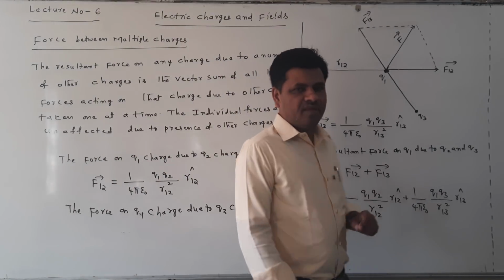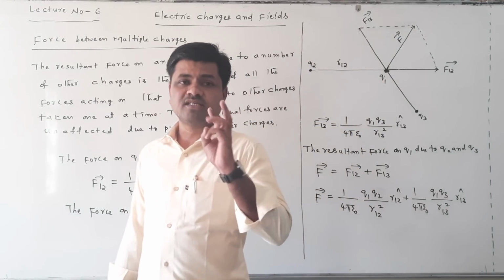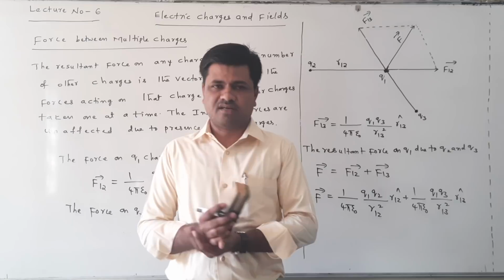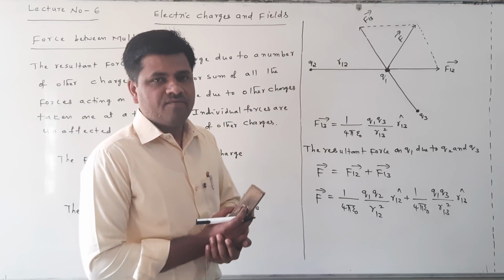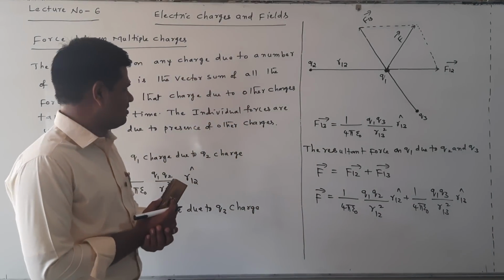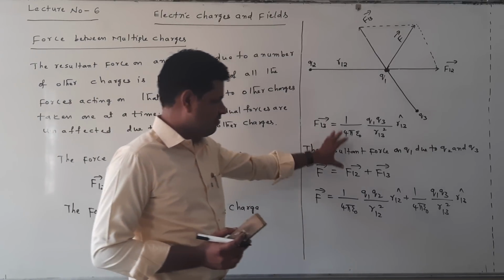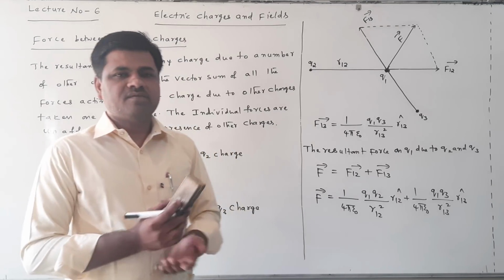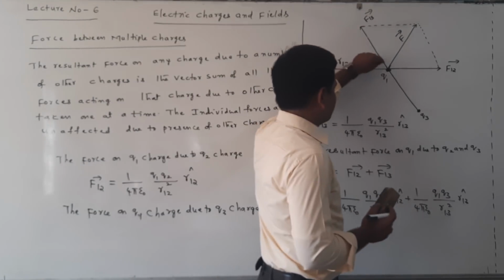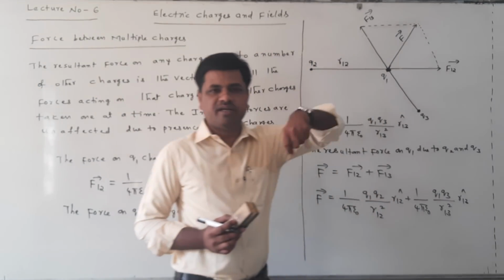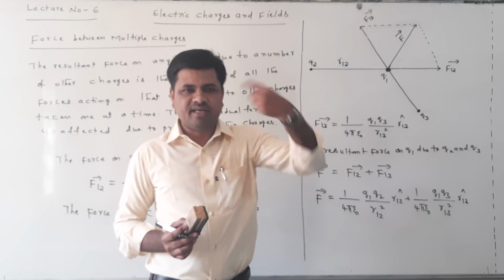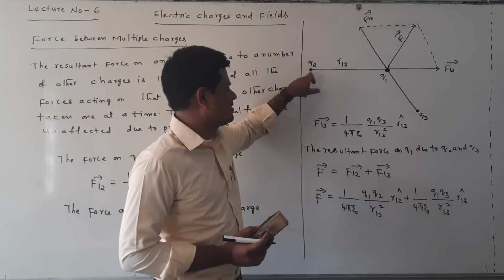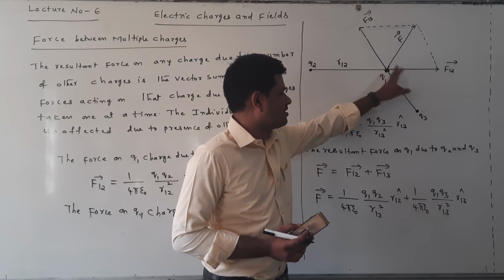Now this equation is written only for a system of 3 charges. How many charges are considered here? A system of 3 charges. Suppose we are considering n charges, how to write this equation? Here one charge is considered, the charge on which we have to find the resultant force: the individual force acting on Q1 due to Q2, and the individual force acting on Q1 due to Q3.